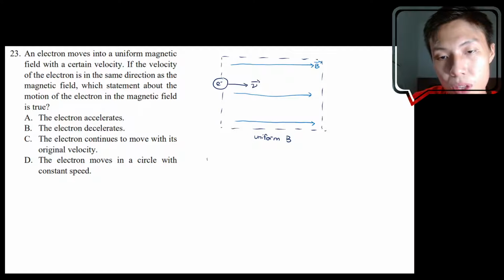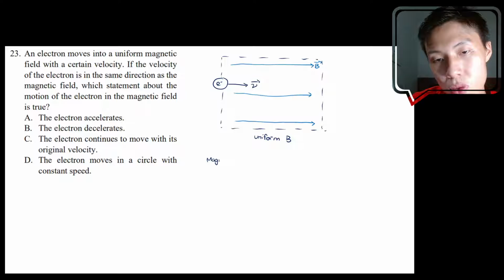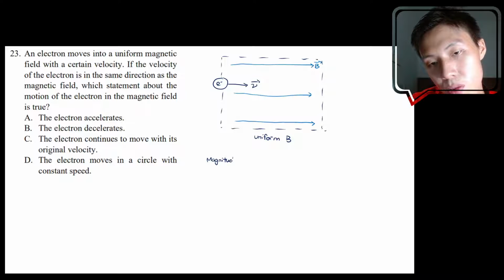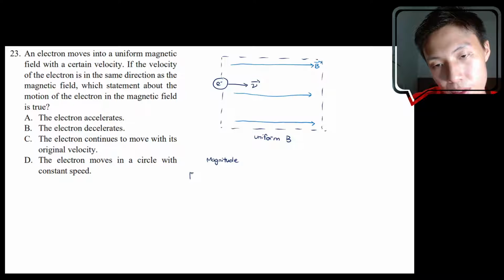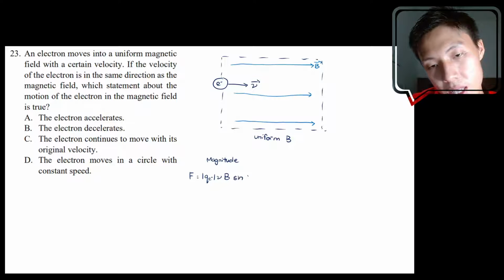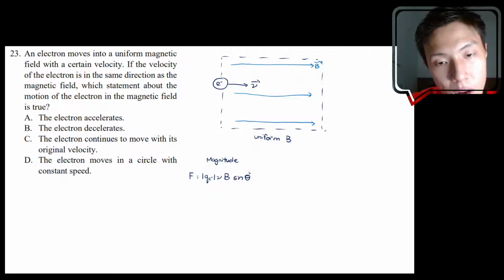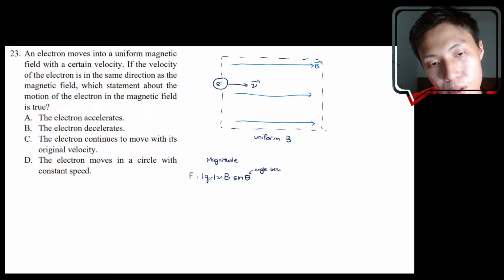The magnitude over here will be F equals to the q of the electron v B sine theta. The theta over here will be the angle between the velocity vector and the magnetic field vector.